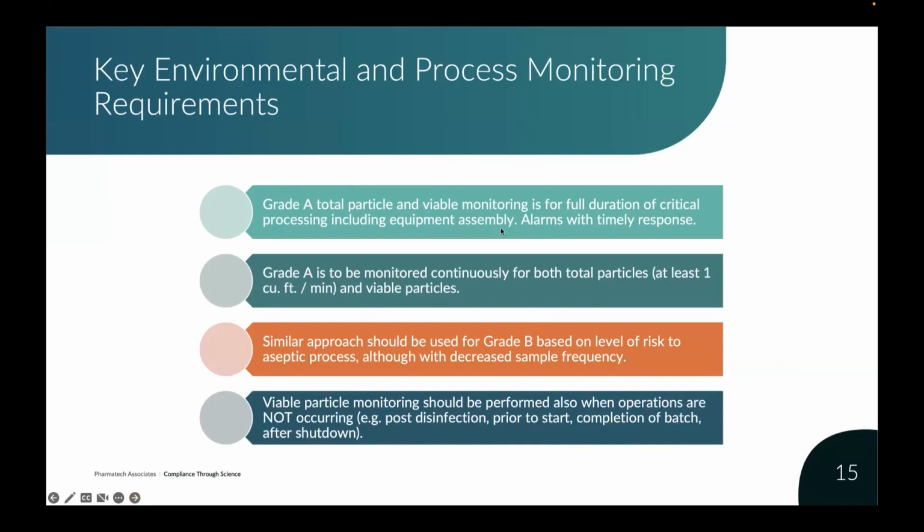We've seen this frequently in audits, that a lot of times the monitoring data for total particles and even viable monitoring is not collected until after the equipment is fully assembled. Well, as we understand, this is an aseptic assembly. The interventions of putting things together can contaminate and potentially generate particles. So the duration of monitoring needs to include the equipment assembly.